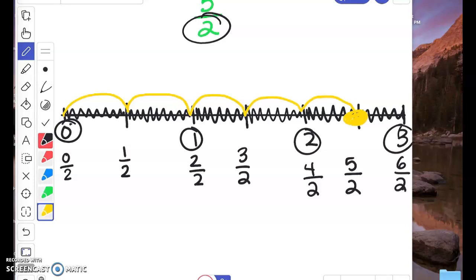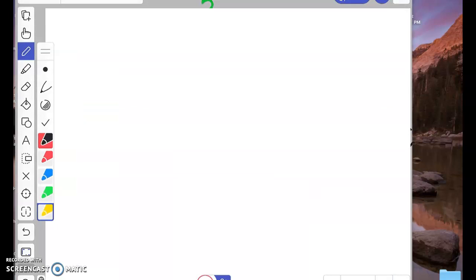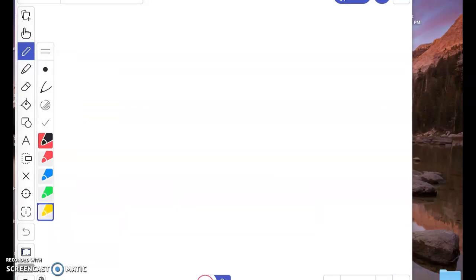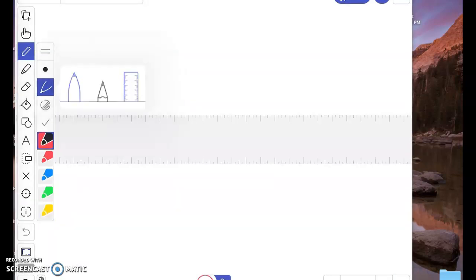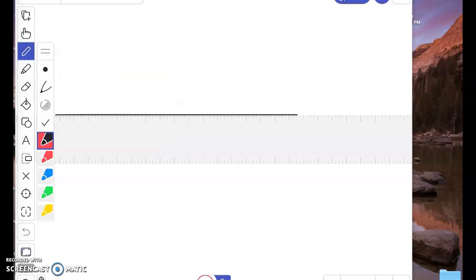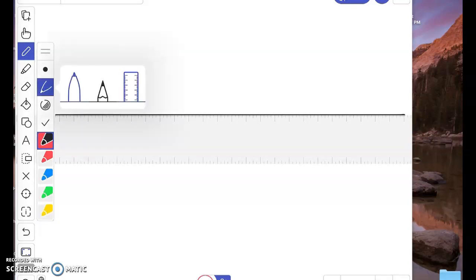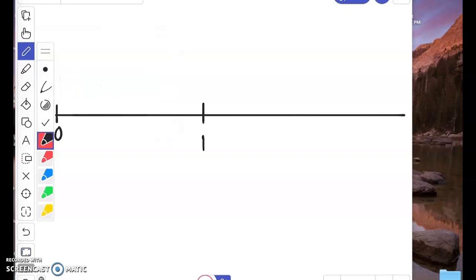Okay, so before I let you go, I want to show you a misconception that I see a lot that I want to catch you before you start making. Here's what a lot of kids mistakenly, and honestly a lot of adults too, will do. Let's say they're 0, 1, 2, and their number line is cut into, we'll call it fourths.